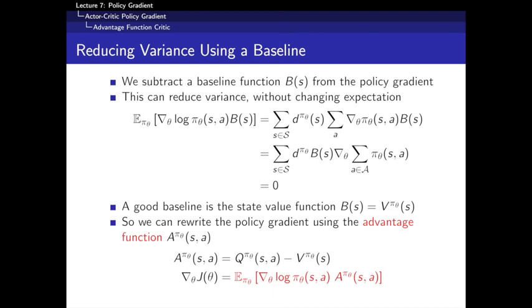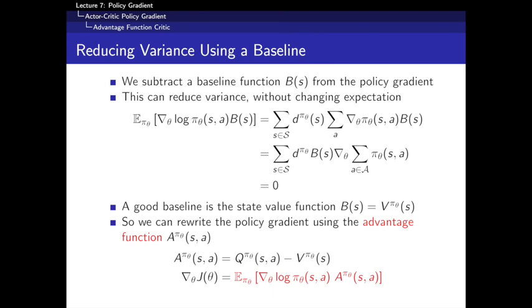Very briefly, if we just expand this out, our expectation is over states, multiplied by the gradient of our policy, multiplied by the baseline. We can pull the baseline outside of this sum because it doesn't depend on the action. We can pull the gradient outside of this sum, and then we know that our policy sums to 1.